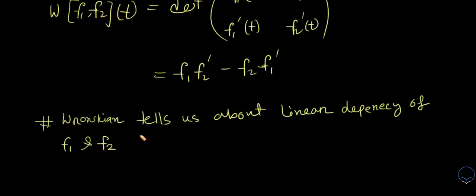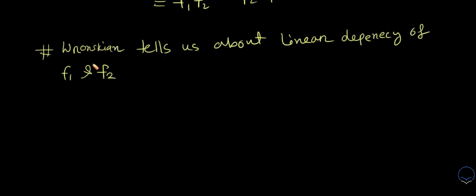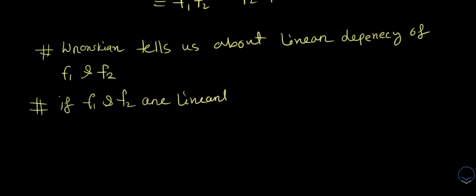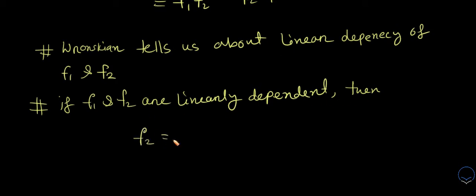So if f1 and f2 are linearly dependent, then one of them can be written as a scalar multiple of the other, right? So let's say f2 will be some alpha f1, if they are linearly dependent.